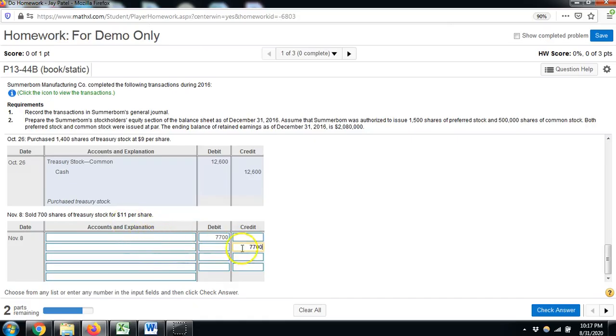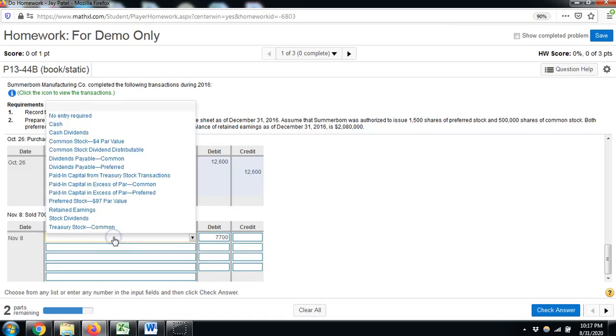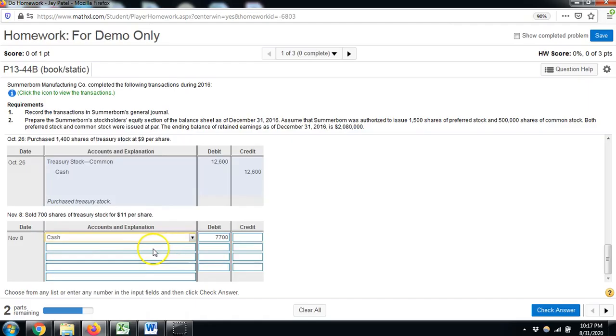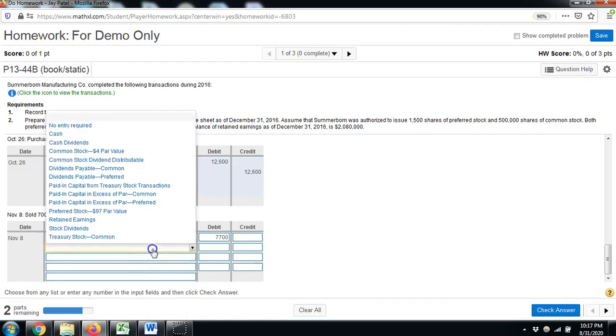Okay, actually, let's be a little careful here. So we know we're bringing in this much cash. And so what are the other accounts that we're going to use?